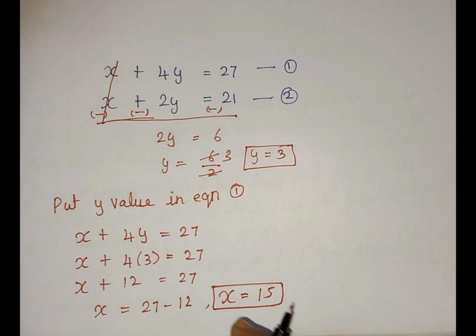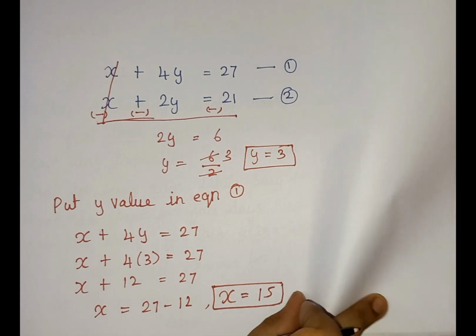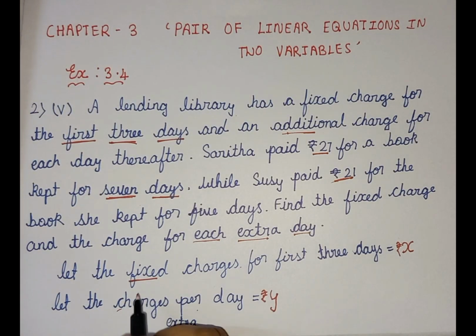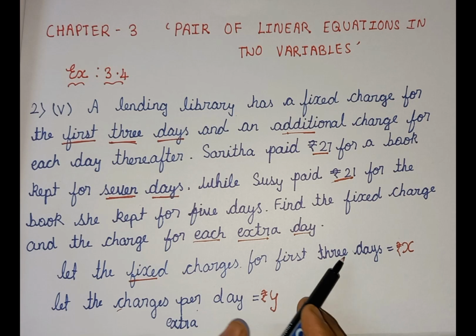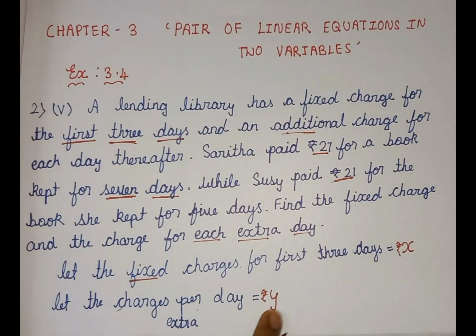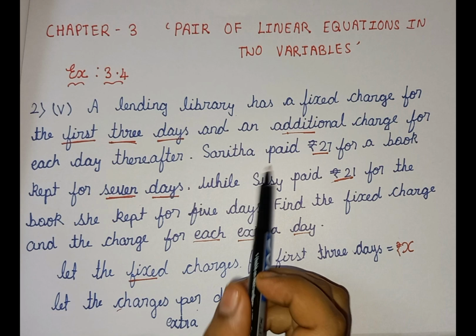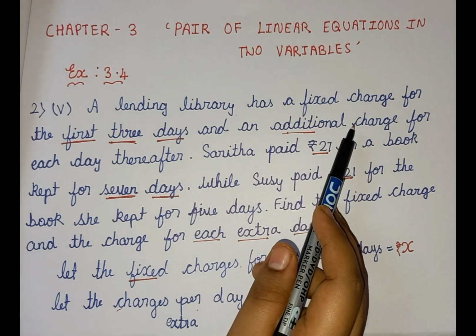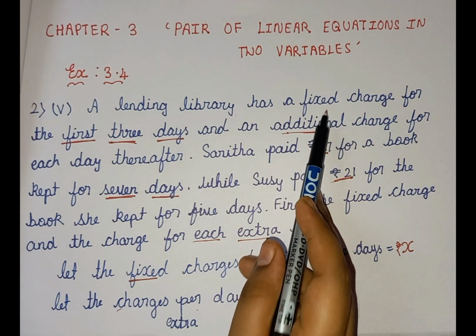Now I got the x value and the y value, isn't it? So the fixed charge for the first 3 days is 15, and the charge per day is 3. Why? Because we took y is equal to 3. Here we were talking about fixed charge and additional charges, but they didn't mention the price.